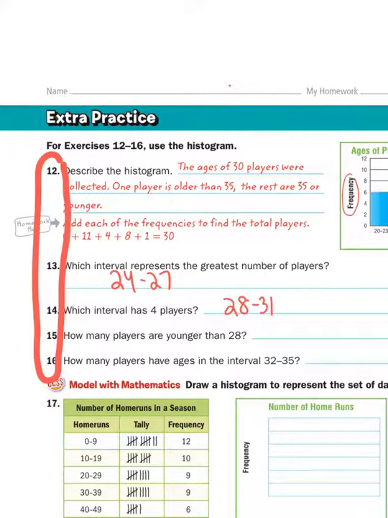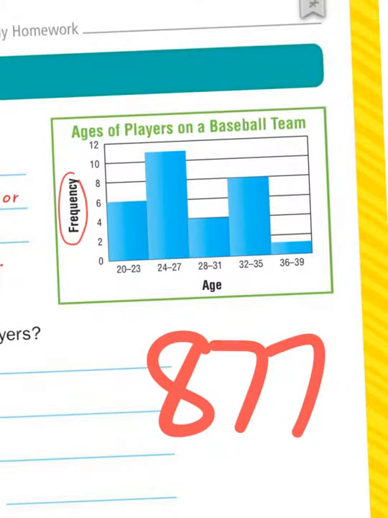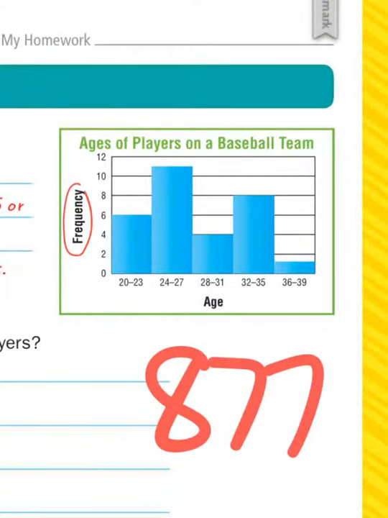Now, question 15 says, how many players are younger than 28? So let's go over at our bar graph. When I'm doing that, I like to find the 28, and I see it's right here. So that means right here is where 28 starts. So I am going to add up the bars that are younger than 28. The first bar has 6 players, and the second bar has 11 players. And 6 plus 11 is 17.